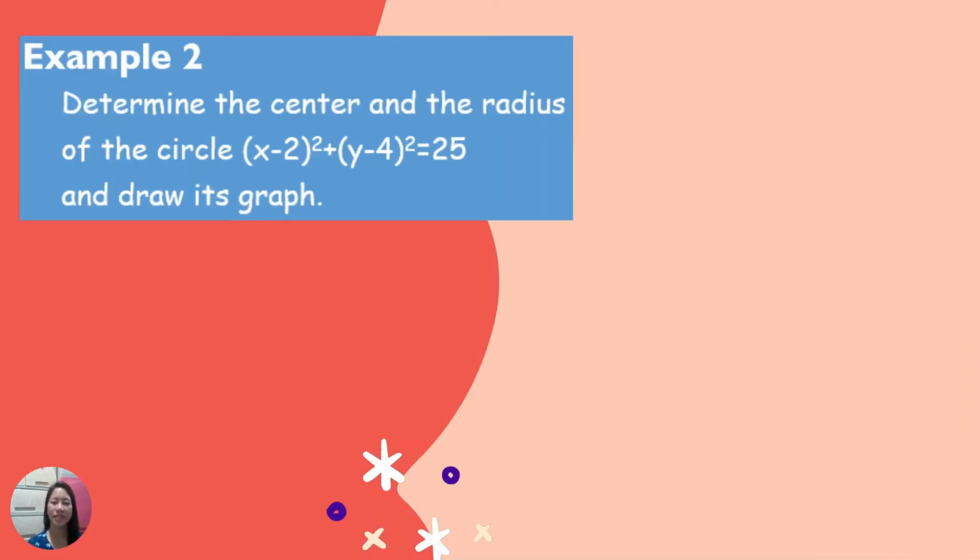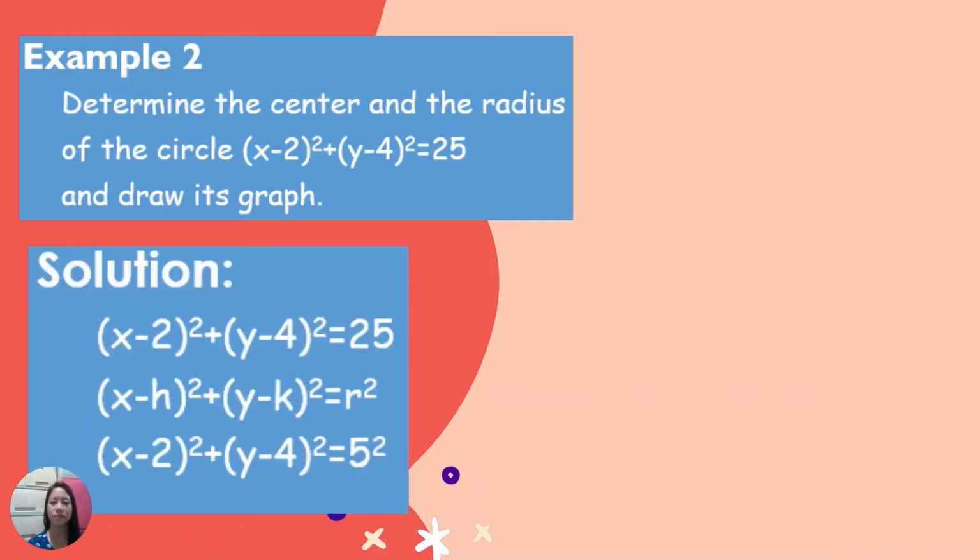Now, let's proceed with example 2. This time, we'll be using the GeoGebra app to graph the circle. Determine the center and the radius of the circle (x - 2)^2 + (y - 4)^2 = 25 and draw its graph.